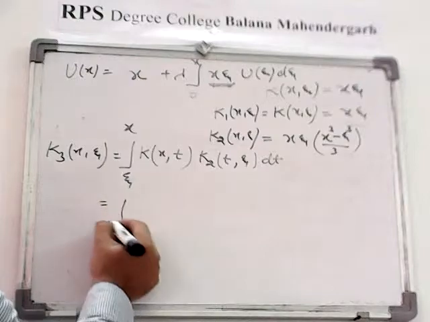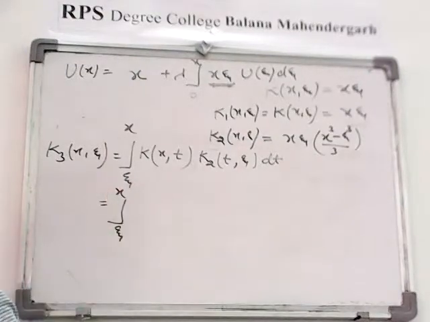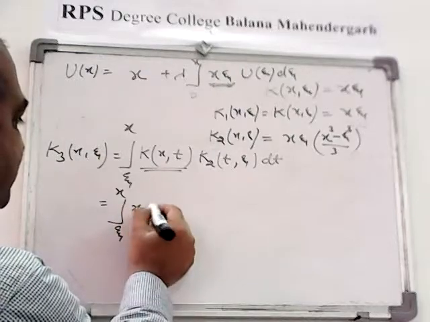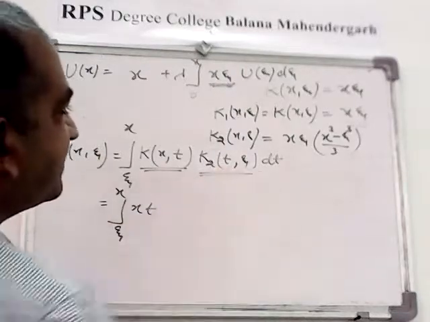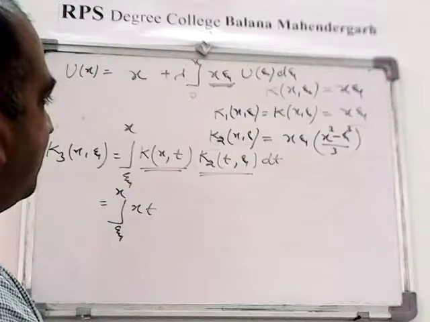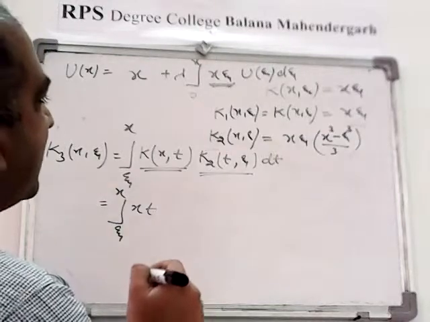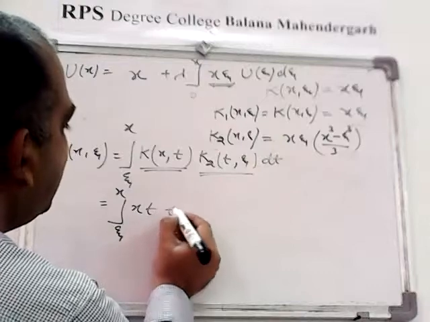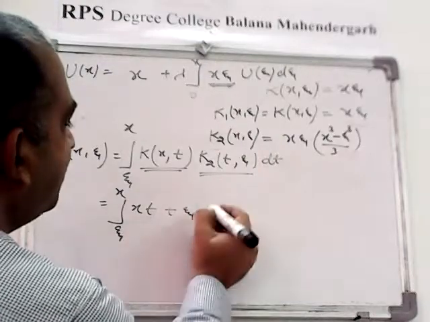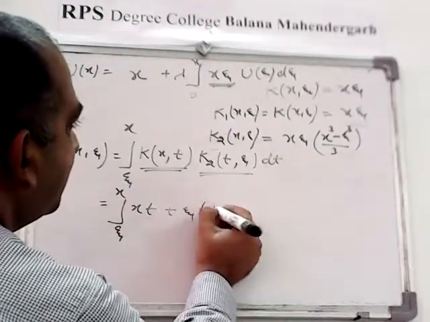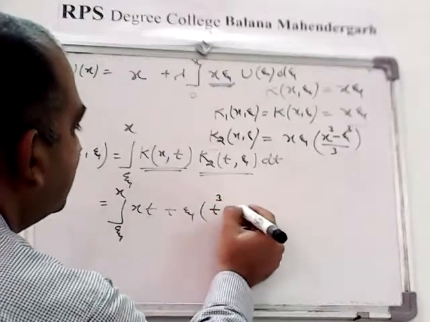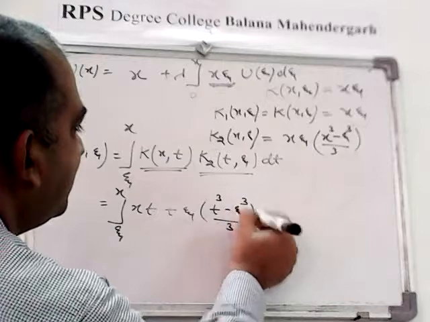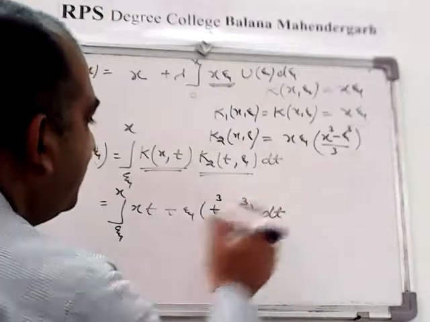The value of this is xt, and the value of this is k2 of t comma xi, so in place of x we will use t. So we have t xi, then t cube minus xi cube divided by 3, then dt.